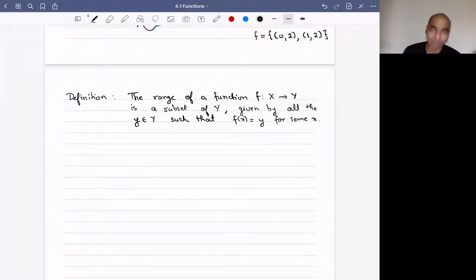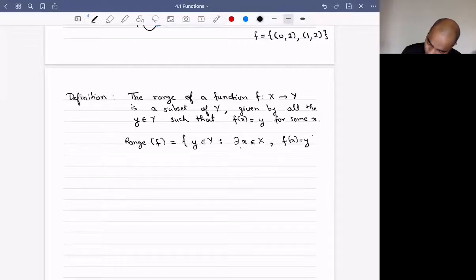This will be written in set builder notation as the range of f is the set of y. So the range is the set of all the y's such that there exists some x which hits that y.